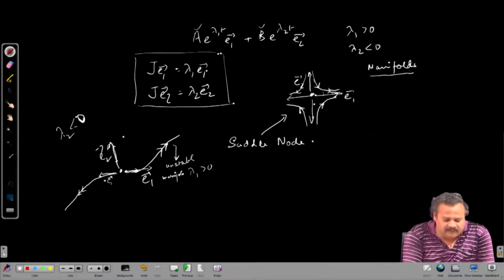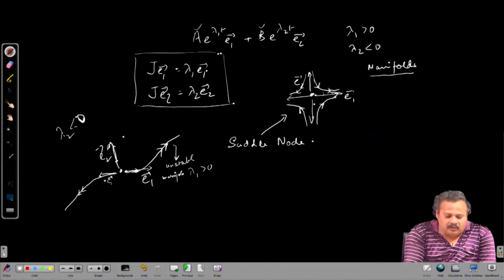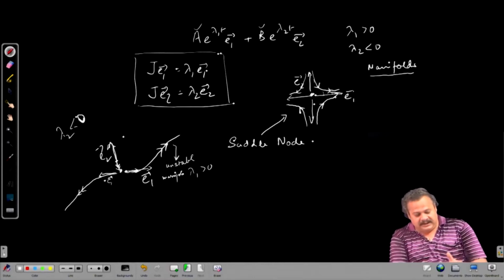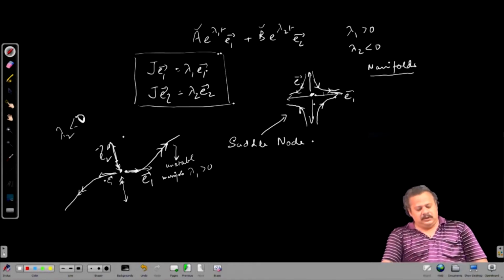then if I start very close by the equilibrium point and leave it there, the system will go directly into this saddle node, because that is the linear behavior near the equilibrium point, and that is the trajectory it is supposed to follow. Similarly, along minus E2, if we start it very nearby, it will again converge onto the equilibrium point or saddle node.